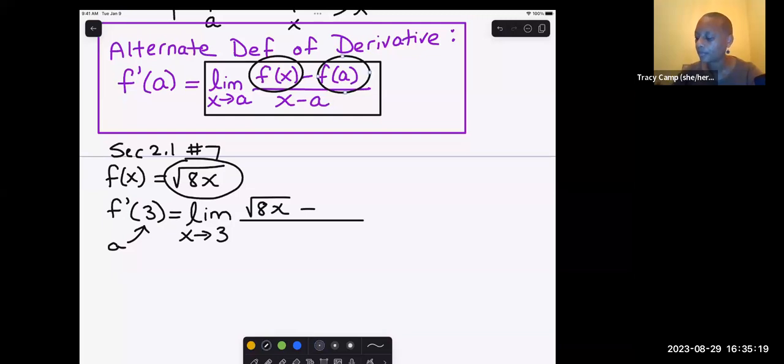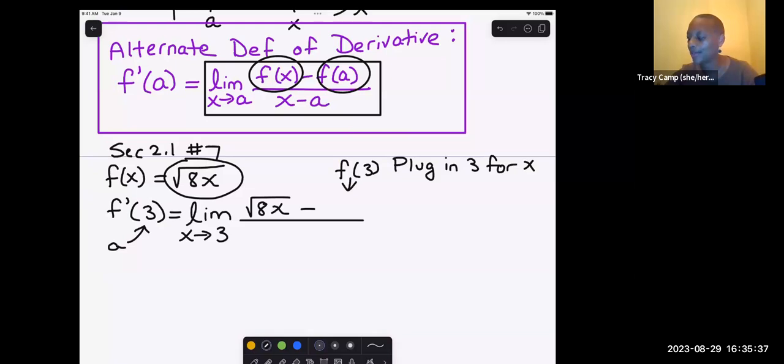What I'm going to have is f of 3 there, because our a is 3. And f of 3 I get by plugging in 3 for x, so I'll have the square root of 8 times 3, which is the square root of 24.